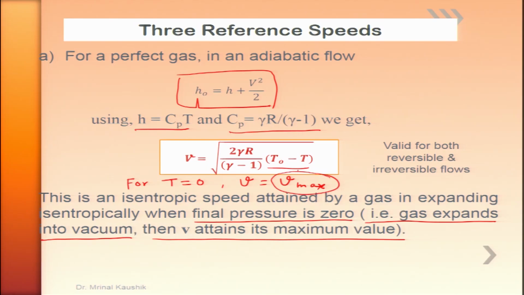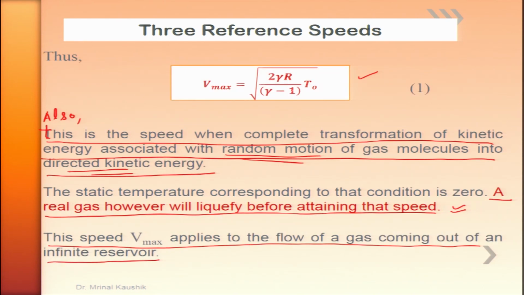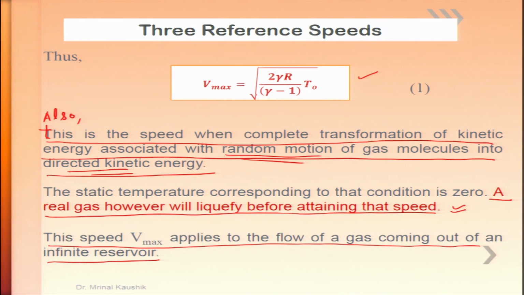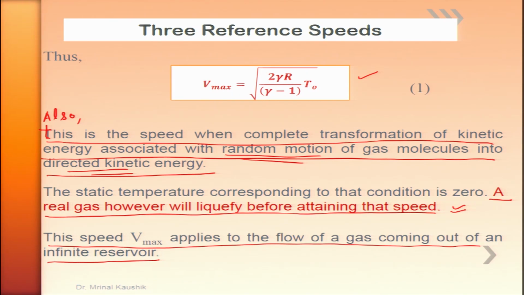In that condition, the speed obtained will become maximum. However, this is a theoretical condition, because before achieving T equal to 0, many real gases will liquefy. Therefore, we can write V maximum as the square root of 2 gamma R upon gamma minus 1 times T naught. This is a characteristic speed.